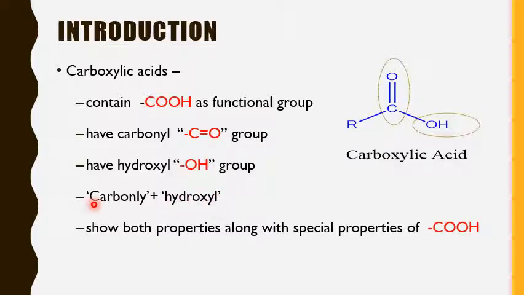Therefore, carbo and oxyl together give carboxyl, and so you have a carboxylic acid functional group. As I said, it will give you the properties of CO and OH, and altogether a new property of this combination, which is the property of COOH, that is carboxylic acid.